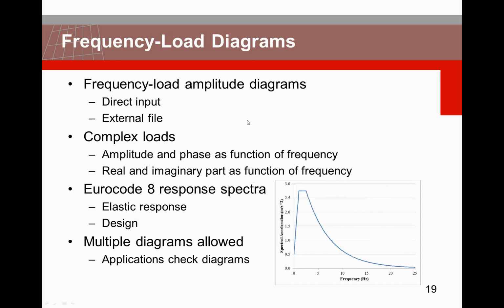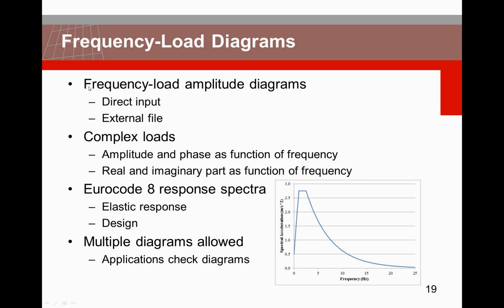When you want to calculate in the frequency domain, then we have something similar. This is a frequency load amplitude diagram. Then in this case, your multiplication factor is on the vertical axis, and instead of the time, we use the frequency scale on the horizontal one.